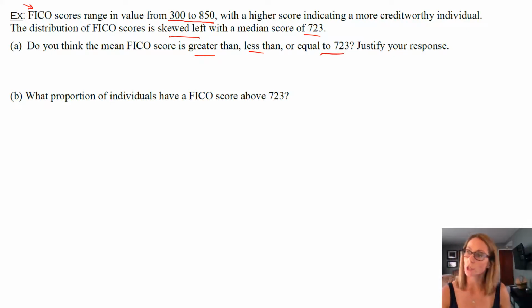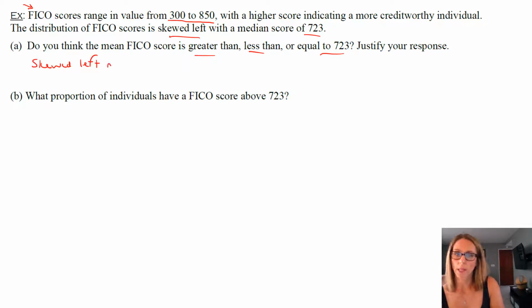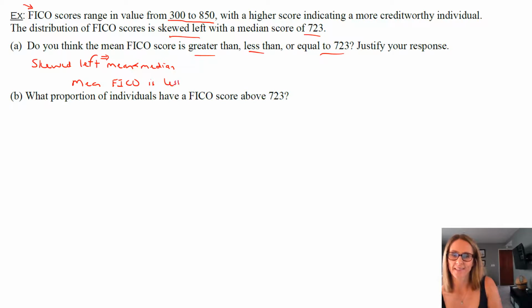We take a look at our skewed left and we see that when we have a skewed left data set, we know that the mean is less than the median. So that tells us that we think mean FICO is less than 723.